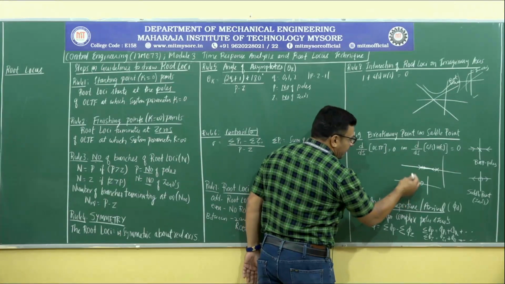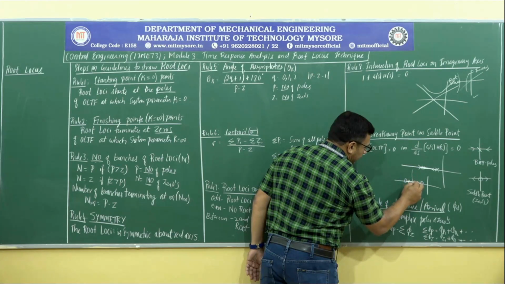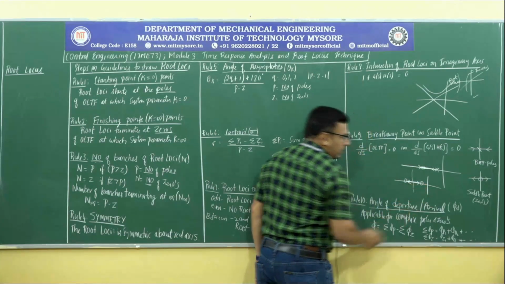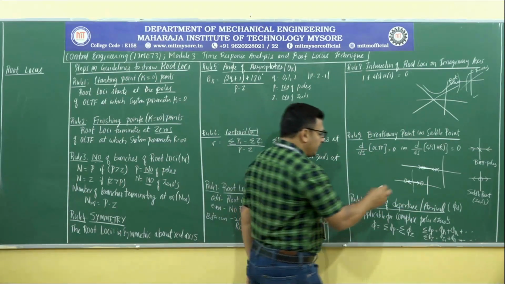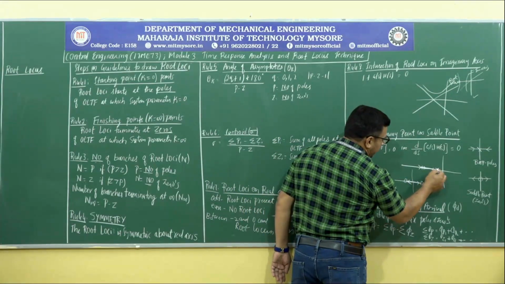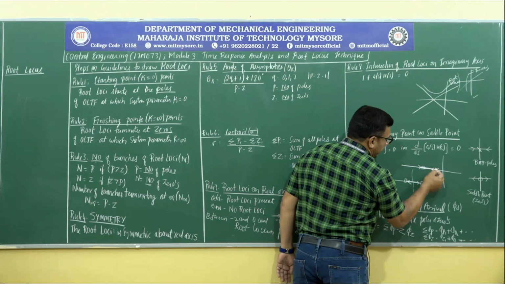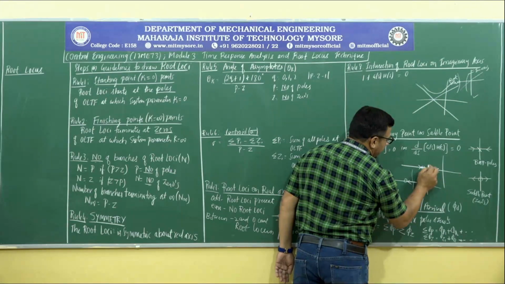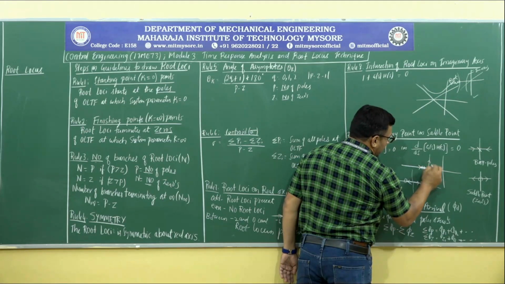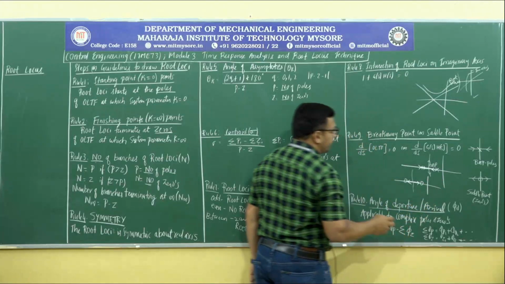Then what happens is, from somewhere the branches of root loci may have come, and they may have joined on this particular part of the real axis. So, here these two, as you can see, the arrows are heading towards one another. That means they will collide at some point and move out. This is called the breakaway point.